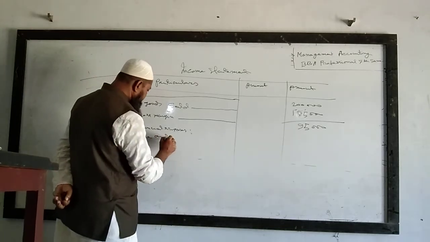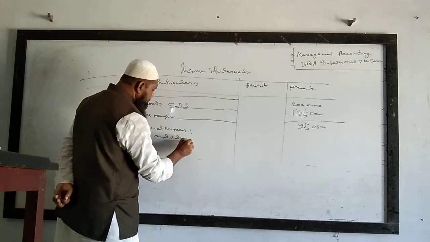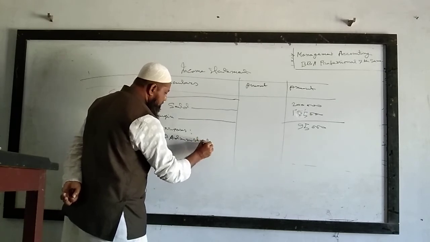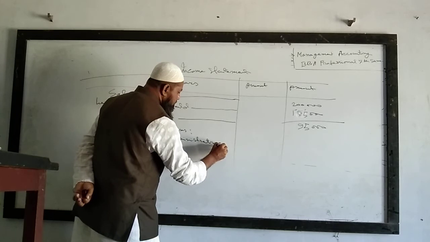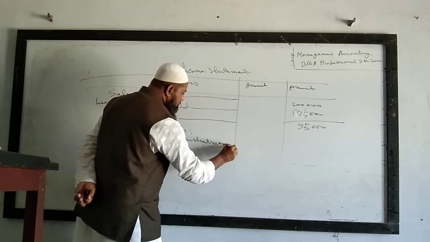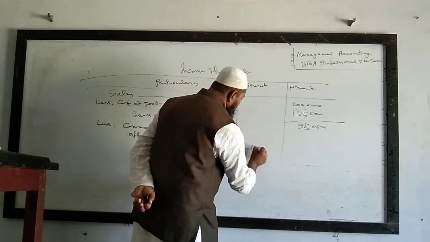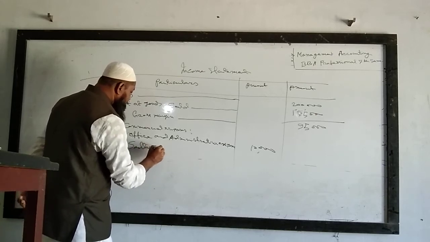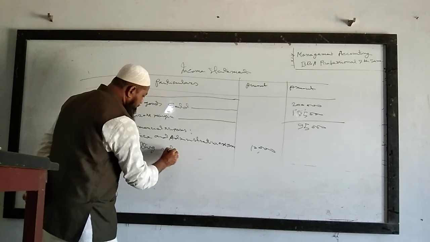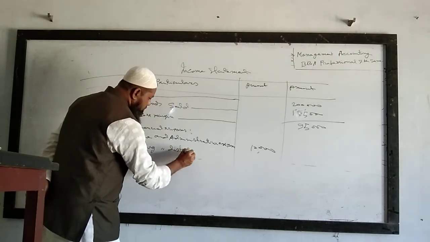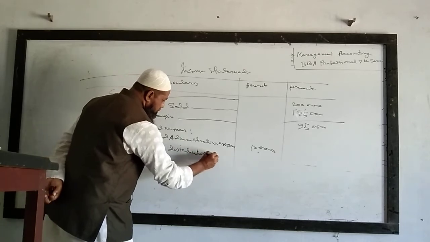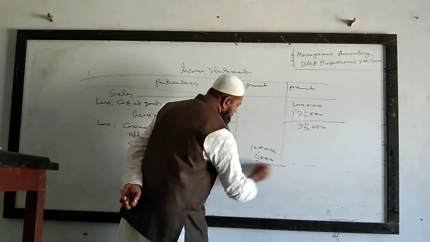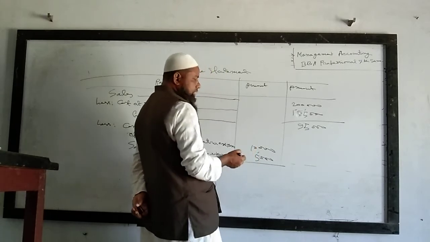Office and administrative expenses 10,000, selling and distribution expenses 5,000, 10 and 5, 15,000.